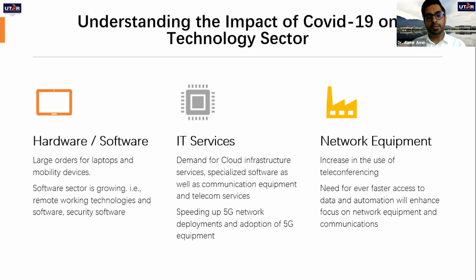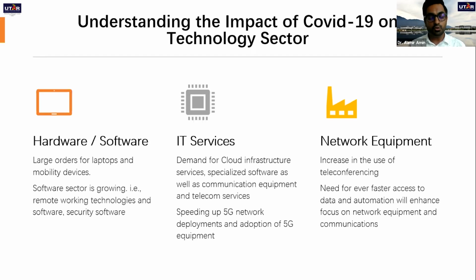Because a lot of people are using IT technologies and are on the internet nowadays, watching movies and working from home, we need these telecom services to work better. That's why 5G network deployment has been speeding up, and the adoption of 5G equipment is also speeding up, which in itself will change a lot of things in our world.